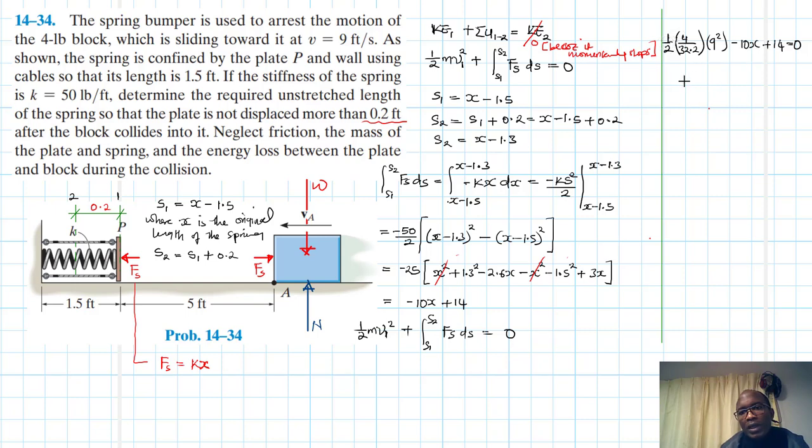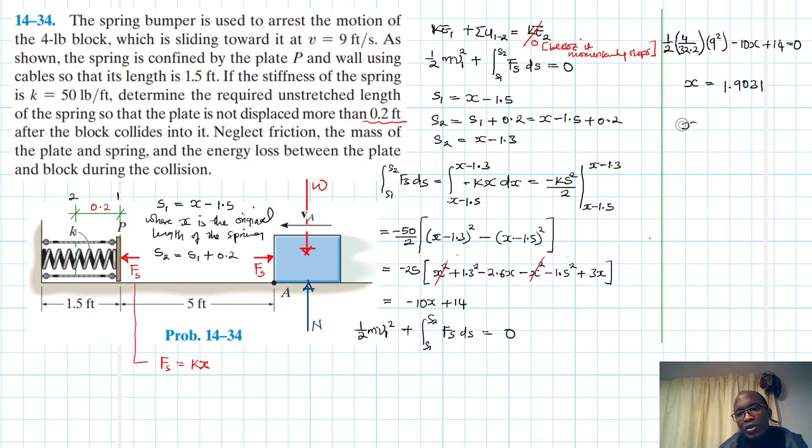So making x the subject of the formula, you can grab your calculator: 0.5 times 4 divided by 32.2 times 9 squared plus 14, then divided by 10. This gives us 1.9031.